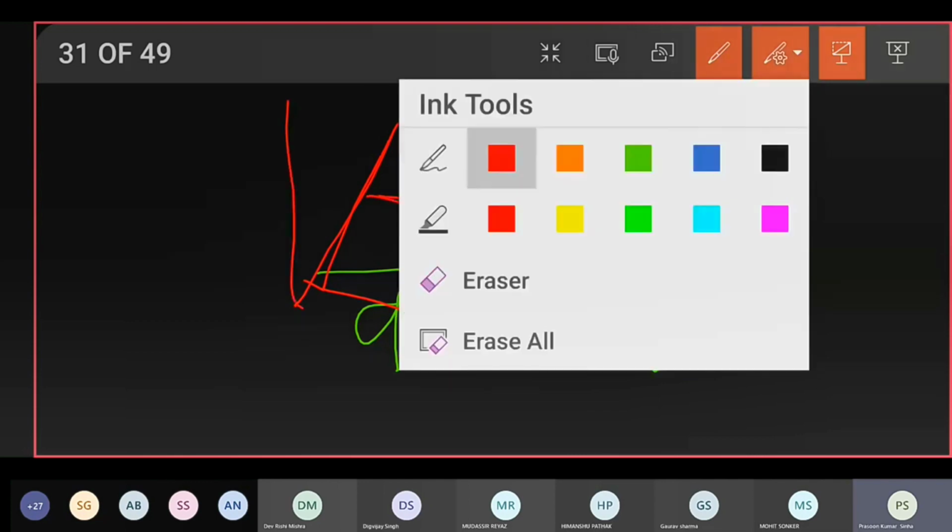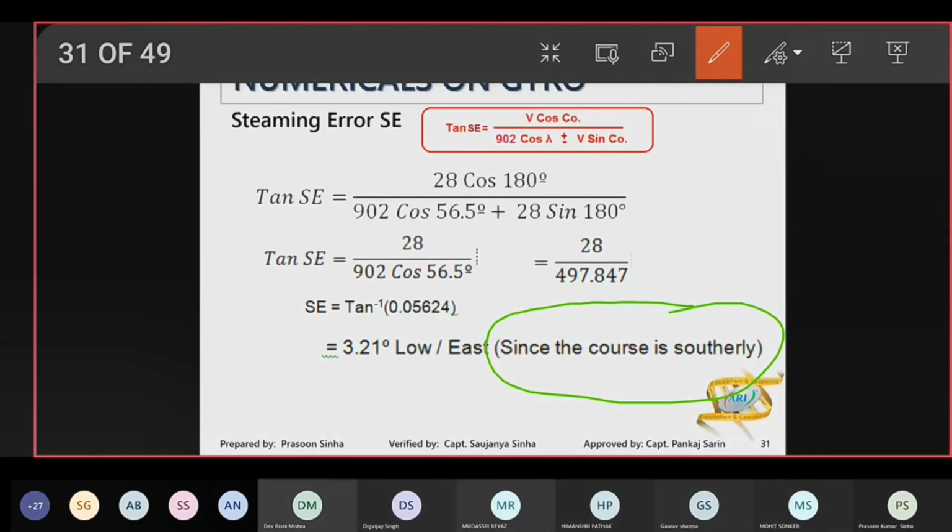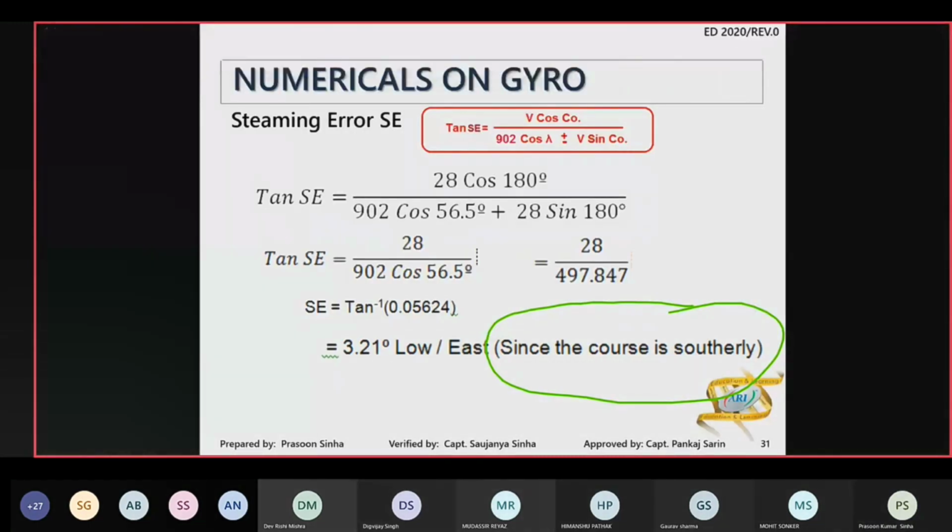So in turn, the error will be easterly. So we have only an easterly error, steaming error, gyro error east, gyro least. That means gyro will be less than the true. True is 180 degrees. Gyro will be showing less than that.